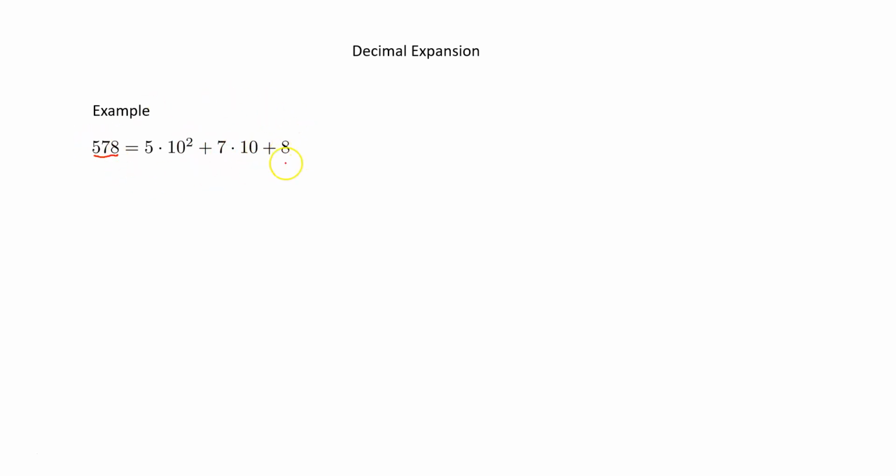So this is always a good way, anytime you're dealing with digits and you want to figure out what the sum of the digits is, it's always best to write it like this. And you can verify this is basically 500 plus 70 plus 8. And hopefully you recognize that that is 578.